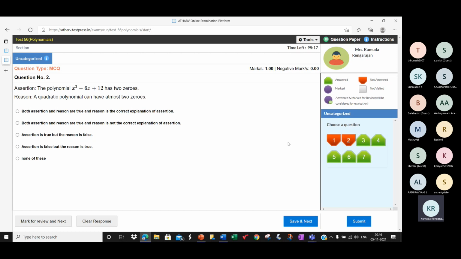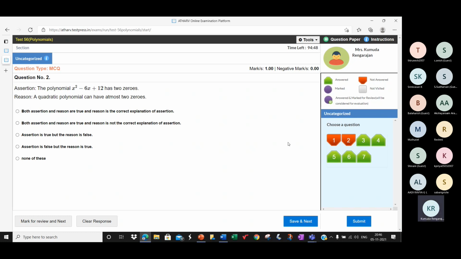Find the value of b square minus 4ac. And then go on to split the middle term. First, find the value of b square minus 4ac. Depending on that value, you can decide if you have to split the middle term and find the zeros.